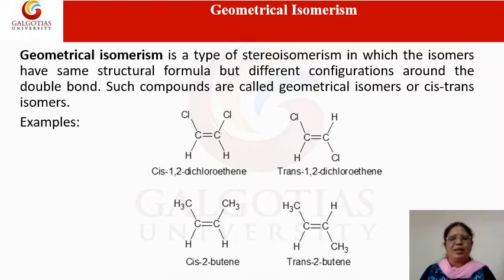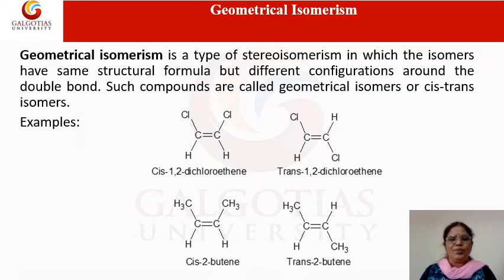Basically the geometrical isomers are characterized by at least one carbon-carbon double bond. And the second requirement is that these double bonded carbon atoms should be bonded to different groups. For example, here we have 1,2-dichloroethene.